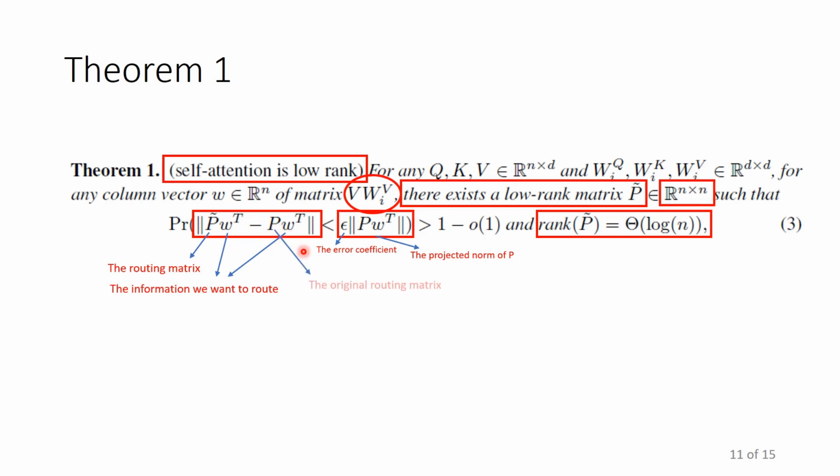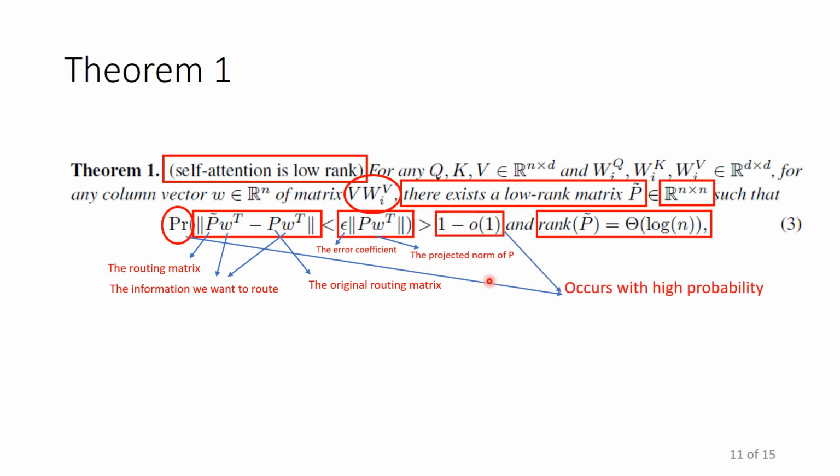And P is just the original routing matrix. They claim that this distance being lower than the projected norm of P happens with high probability, that most of the time this distance will be lower than the projected norm of P.